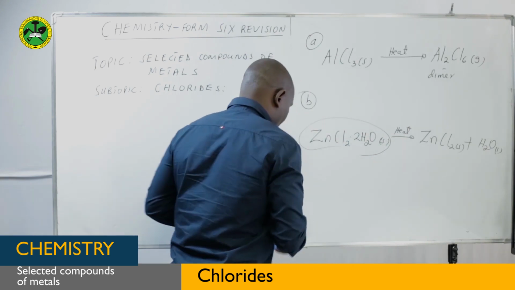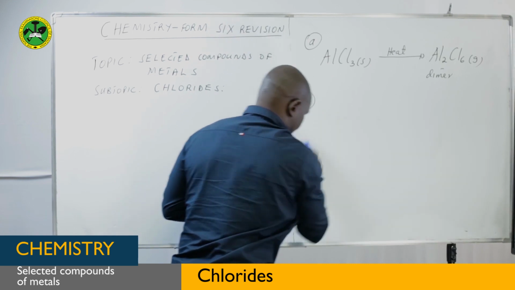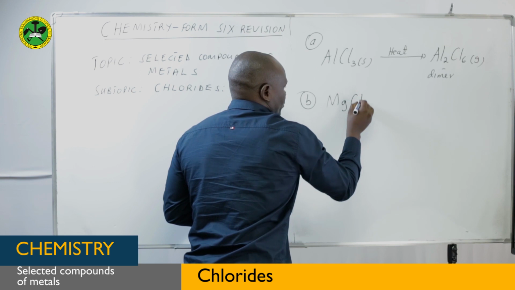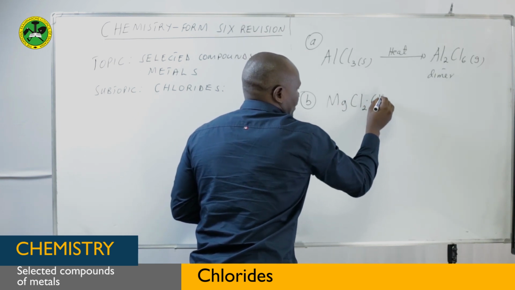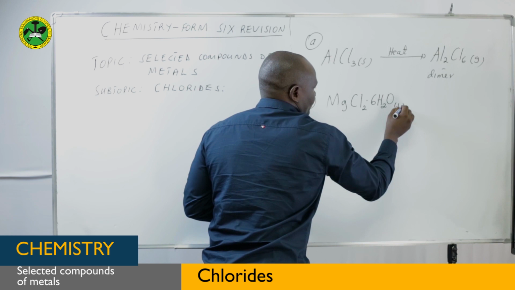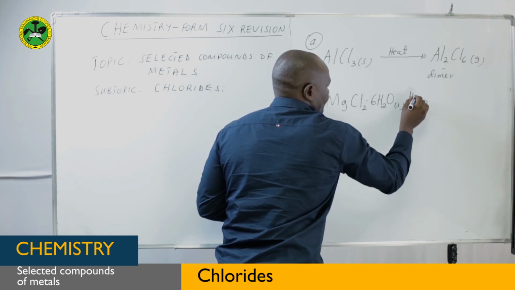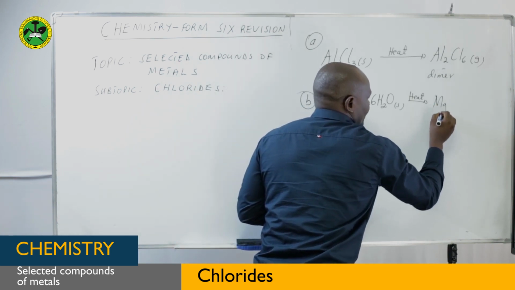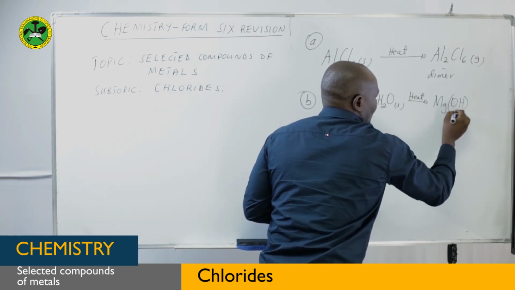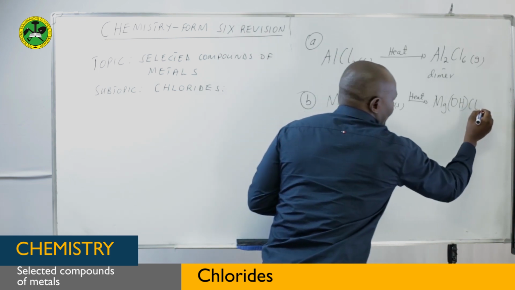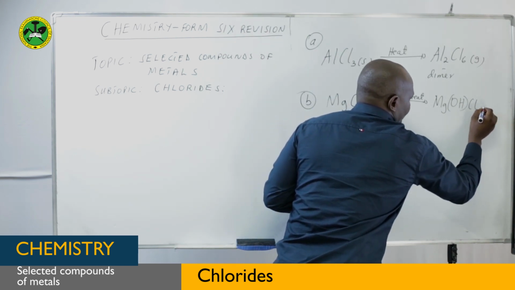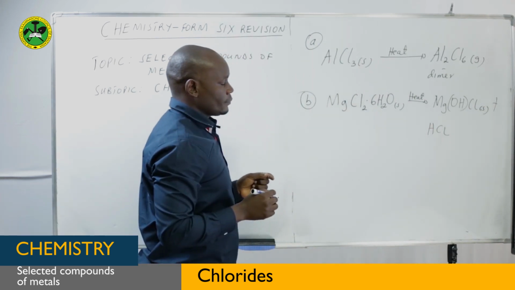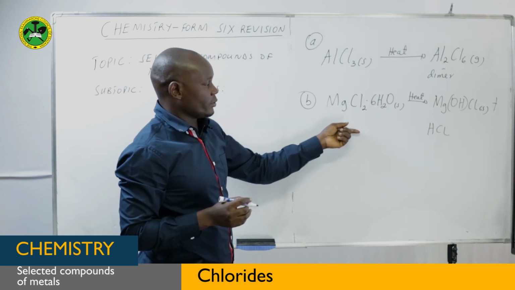So here, using an equation to support that answer: magnesium chloride, which is in hydrated form, when heated, releases the basic chloride of magnesium, which is magnesium chloride, this one. And the other product is hydrogen chloride. You can balance the equation if you are tasked to balance.